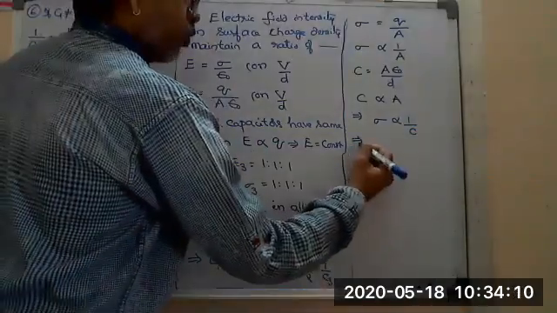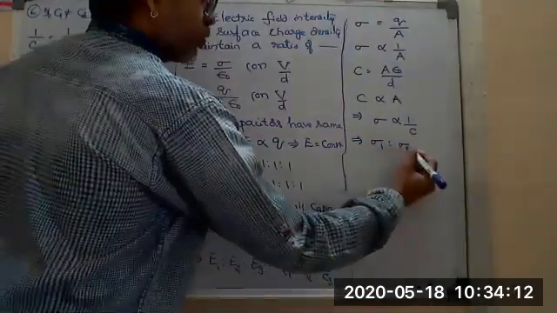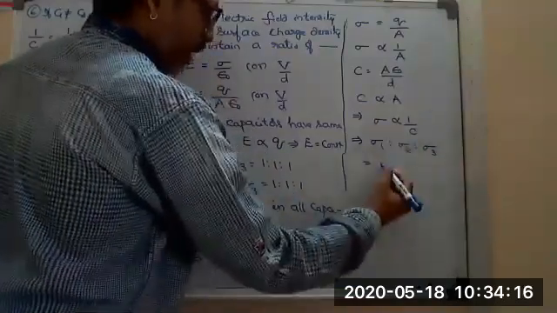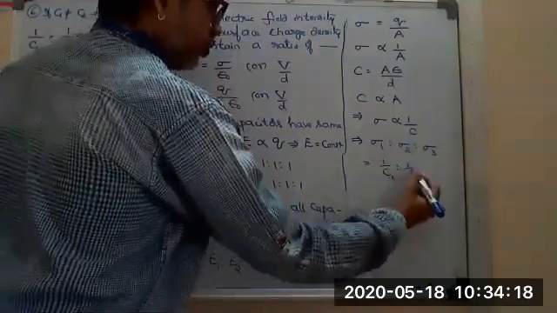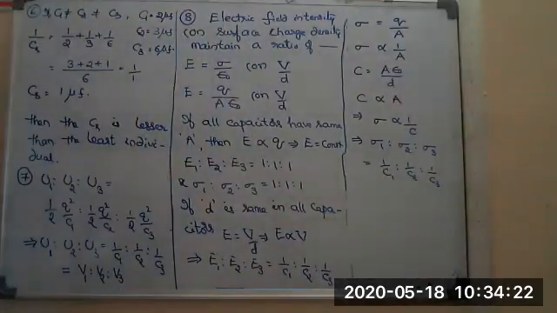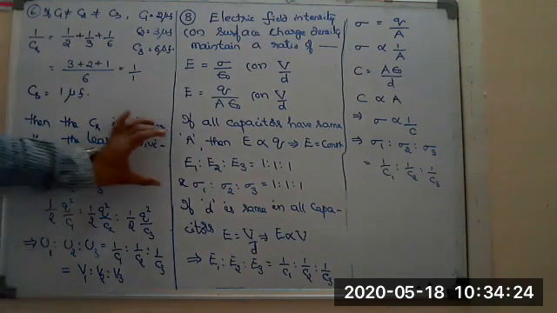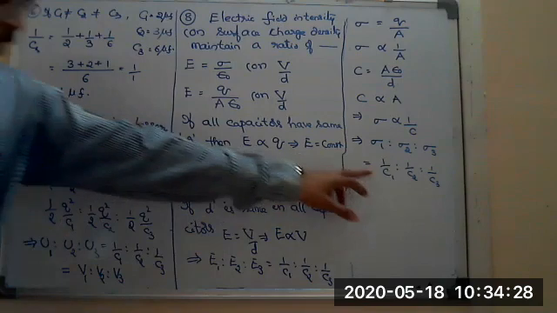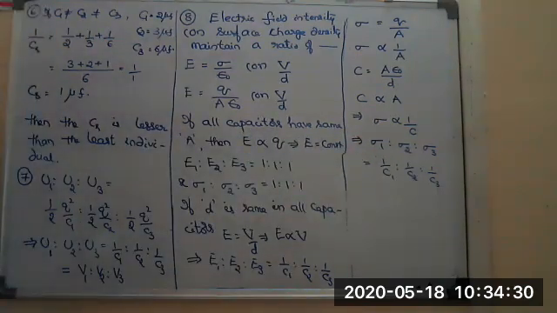That implies now I can write sigma 1 is to sigma 2 is to sigma 3 equals 1 by C1 is to 1 by C2 is to 1 by C3. So if you observe here, these two answers and those two answers, I think you got one point.